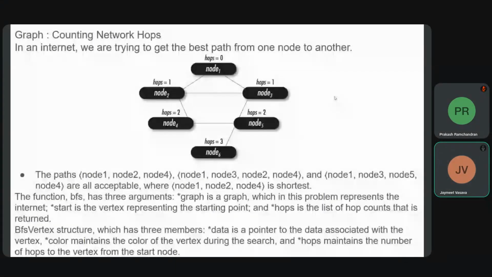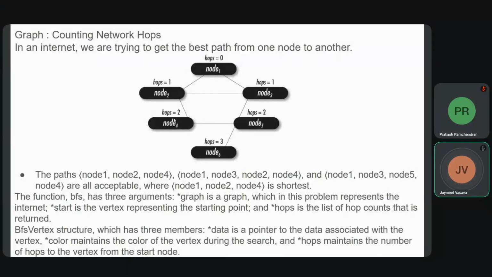So this is the first example, which is for counting network hops. You can imagine an internet where we are trying to find the best path. The internet is represented as a graph, and we are trying to find the best path, which is the shortest one. Let's say we are starting at node 1 and trying to go to node 4.